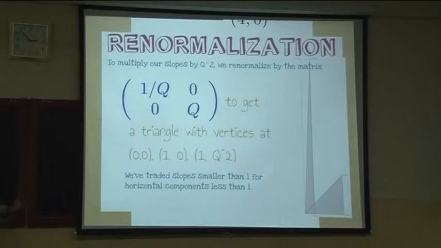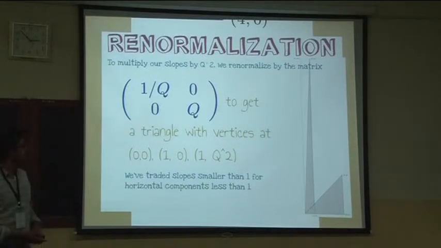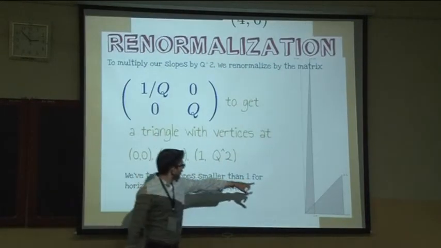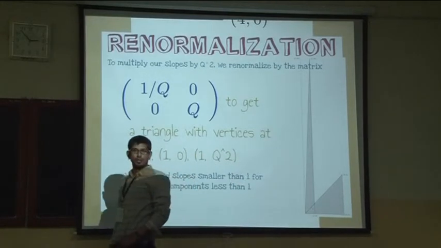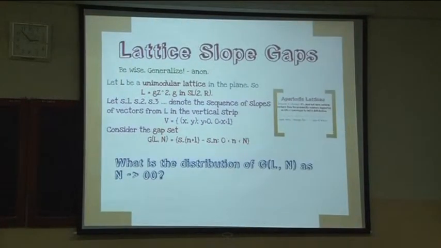What we've done is we've traded slopes less than or equal to 1 for horizontal components less than or equal to 1. So you can see the picture over here. So we've taken this triangle and we've made it into this very tall, very thin triangle. So this is for the integer lattice, and then we've done this hyperbolic transformation.